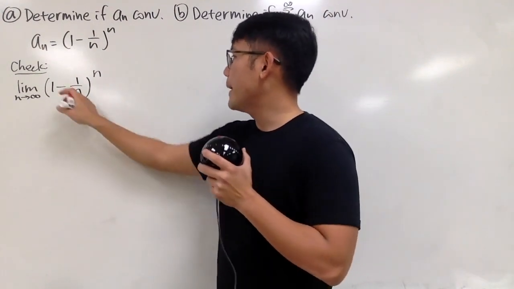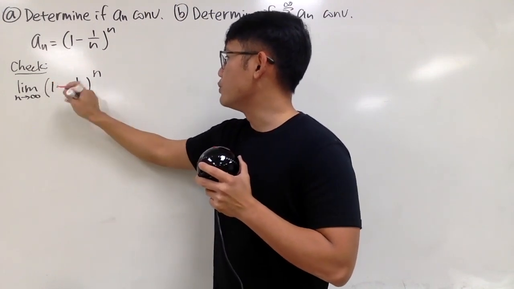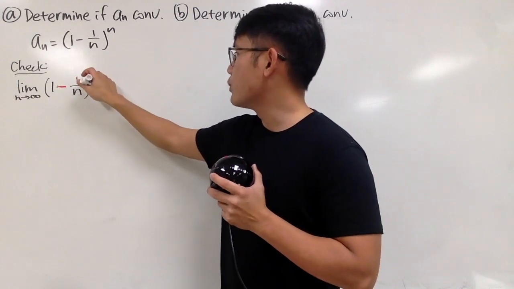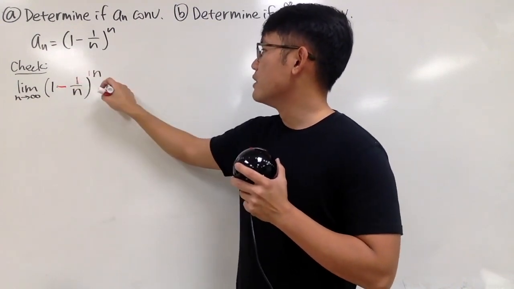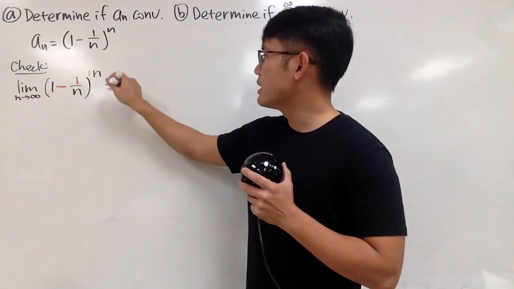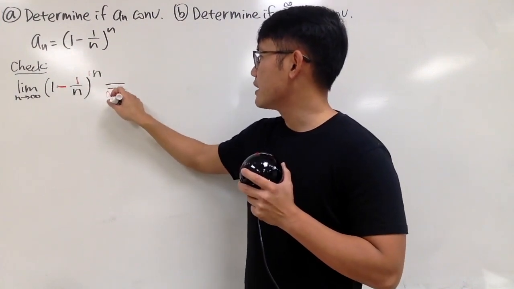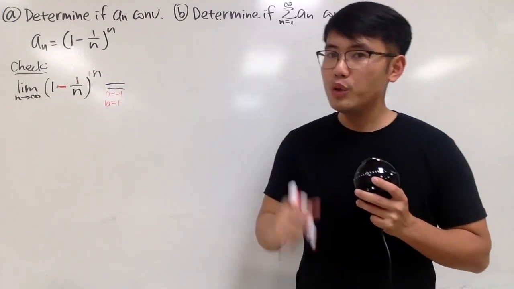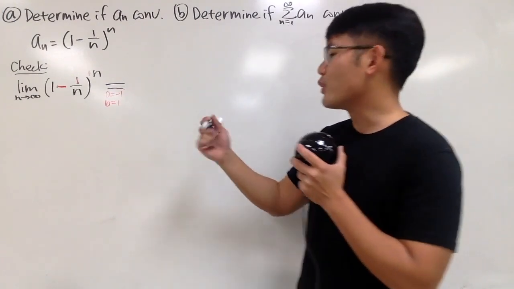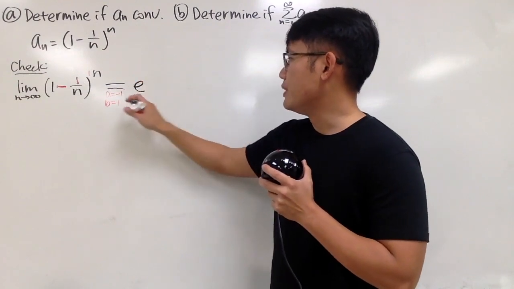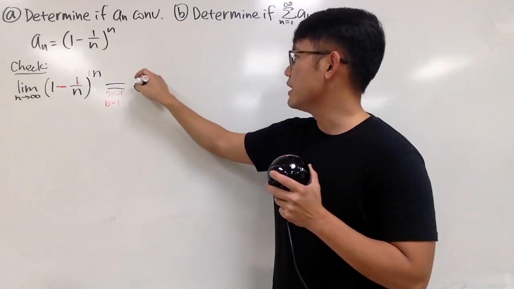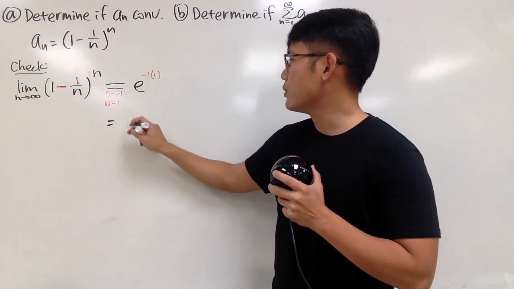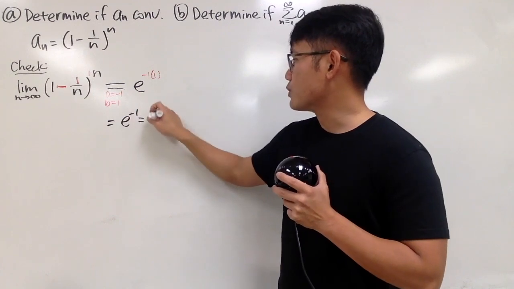Pay close attention to the a value, which is -1, and the b value is +1, right? Because it's 1 times n. So I will write down a is -1 and b is equal to 1. And when you're doing this, you are using the fact that the answer to this is just e to the ab power. And of course, it's -1 times 1. This is just equal to e to the -1, which is just 1 over e.